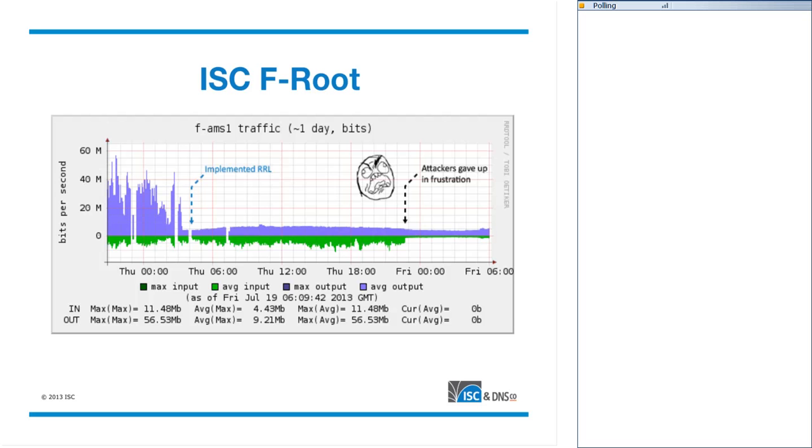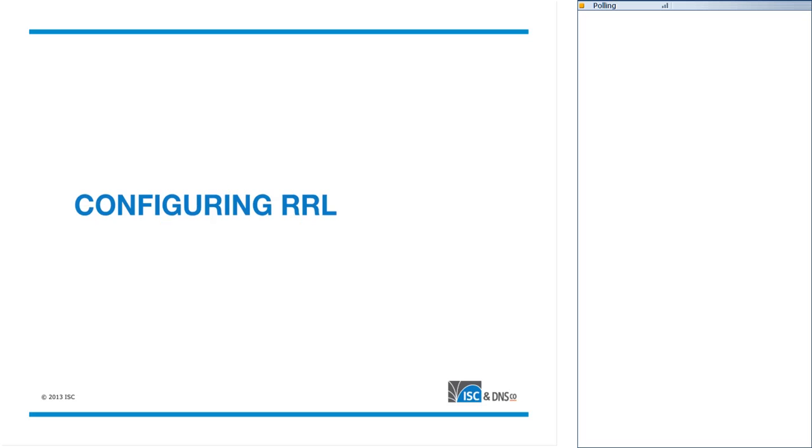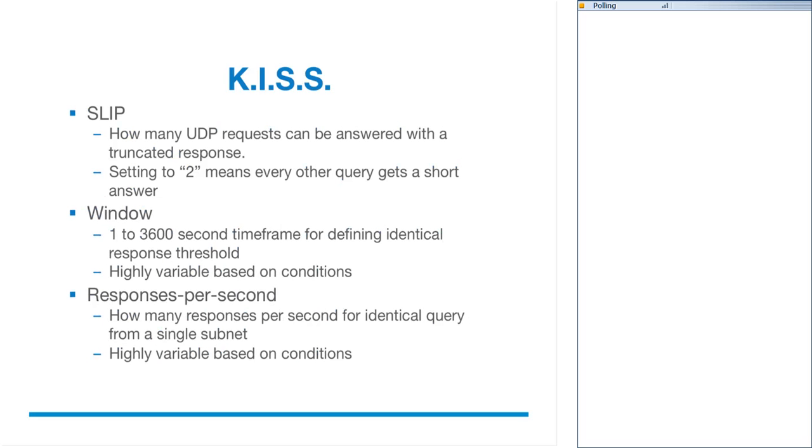Okay, interesting. So let's talk about what considerations you thought through when you were going to implement RRL on F-root and SNS. So for the most part, as you'll see, there are several options that can be used as part of the RRL configuration.